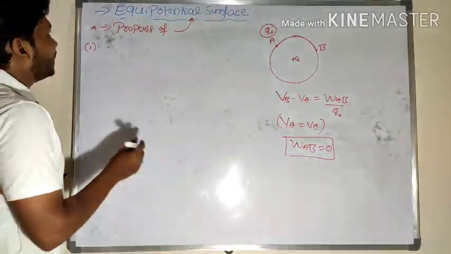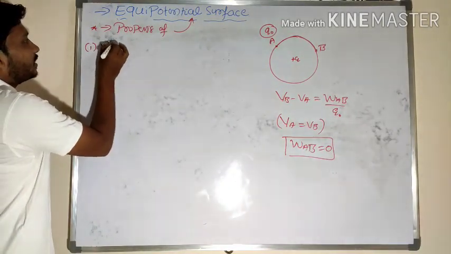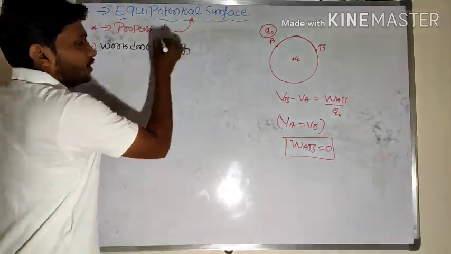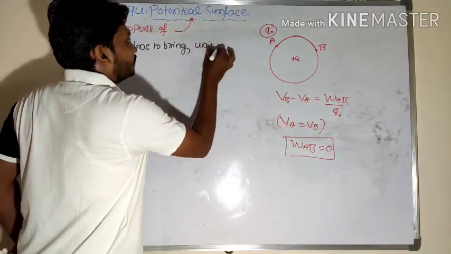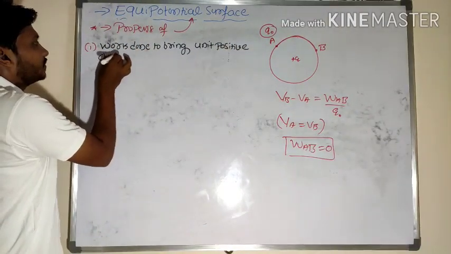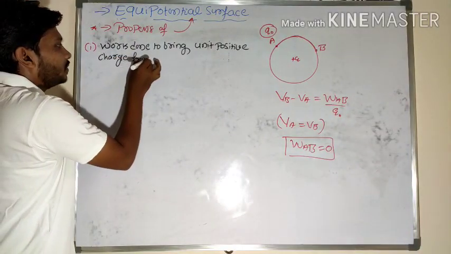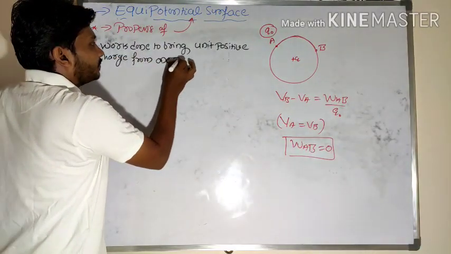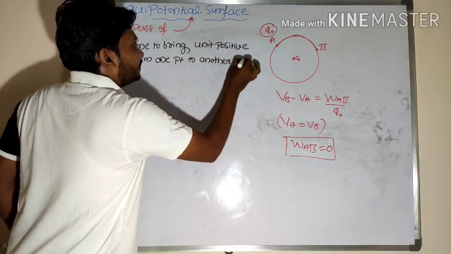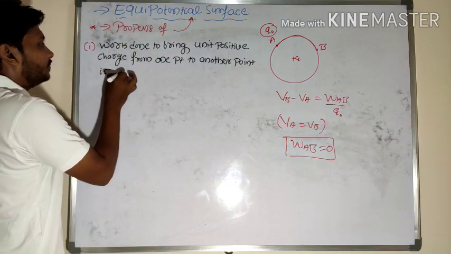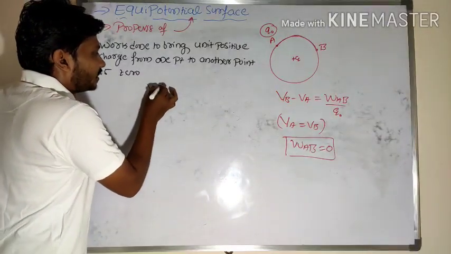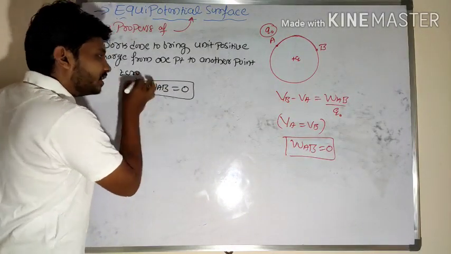In the case of an equipotential surface, the work done to bring a unit positive charge from one point to another point is 0.